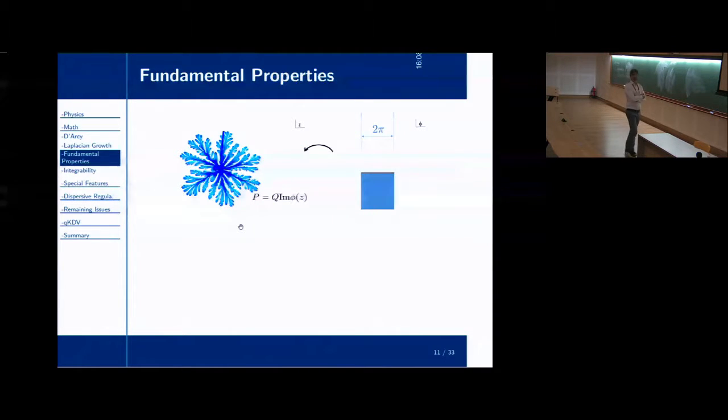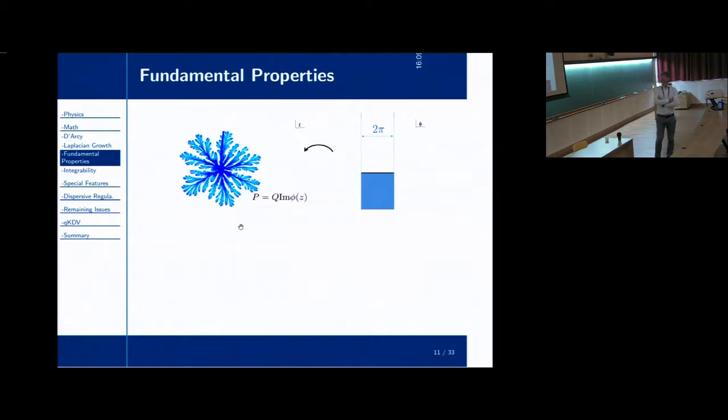Another fundamental mathematical property of this system is that it's intimately related to conformal mappings. Since we have a harmonic field, we may use conformal mappings in order to find the solution of the harmonic field, right? A harmonic field is the real part of an analytic function.